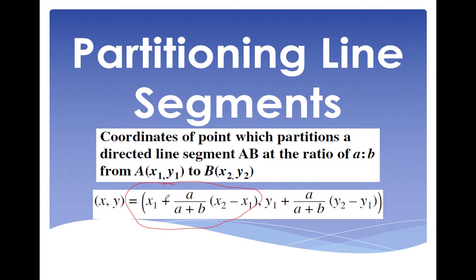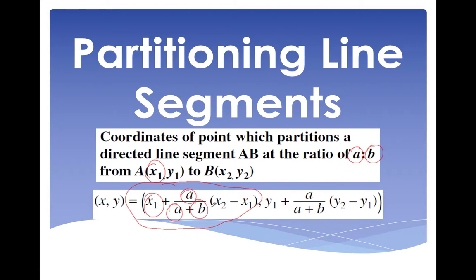Now, notice that each part has something that represents it. For example, this x1 is representing the first x coordinate, the coordinate of the first point. This a is representing the first part of my ratio, just like this a is. And this b is representing the second part of my ratio.